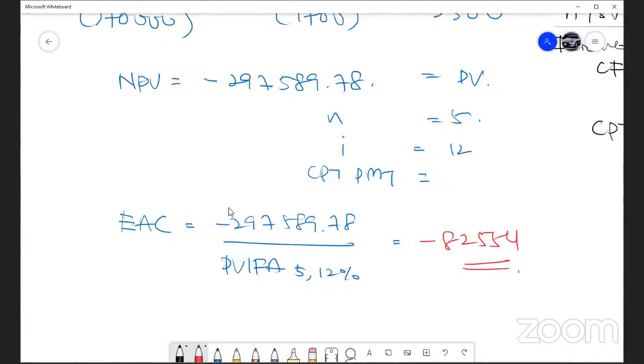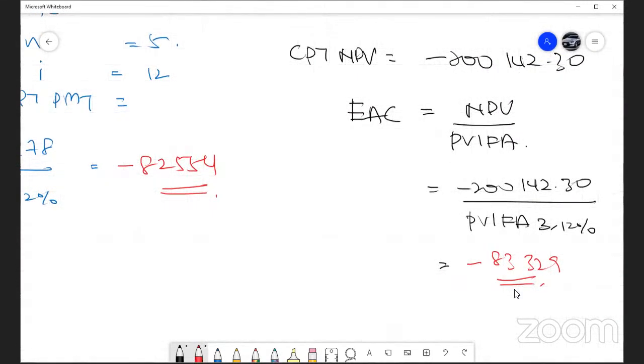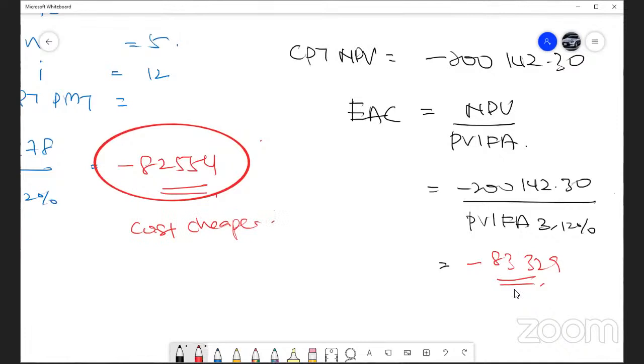Okay? Tacron 2 costs you 82,554. Tacron 1 costs you $83,329 per year. So Tacron 2 costs cheaper. Therefore, you will choose Tacron 2.